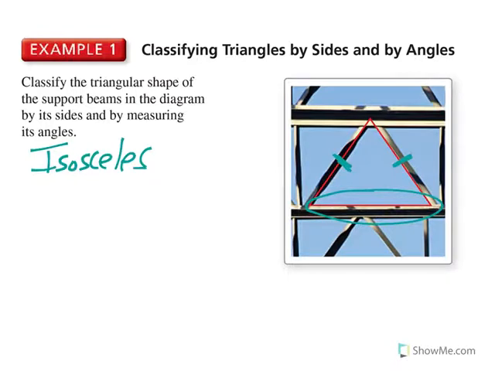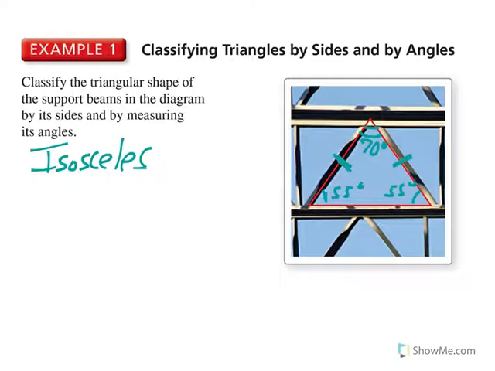And then this one actually asks you to measure the angles. So if you go in your book, you can actually use a protractor and you can measure it. Since I'm not going to get a protractor out right now, to measure this, here I'm going to have a 55-degree angle. This one's a 55-degree angle. And then up here you would get about 70 degrees.